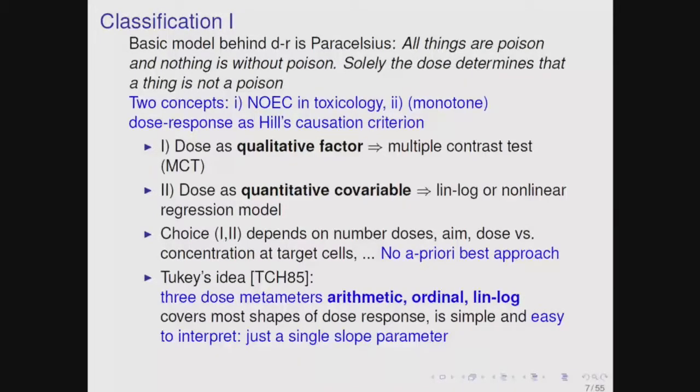And you will see some literature discussing whether to use regression or ANOVA methods. There is no a priori best approach. It depends on a lot of things. It depends on the aims. It depends on the number of doses, if you have 2 or 3 doses or 20. It depends also whether there is a big difference between intake of the drug and the concentration really at the target cell.